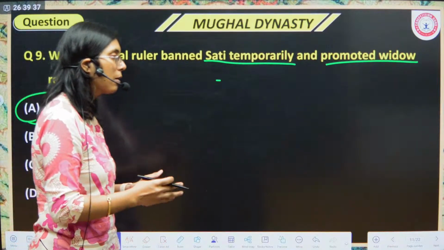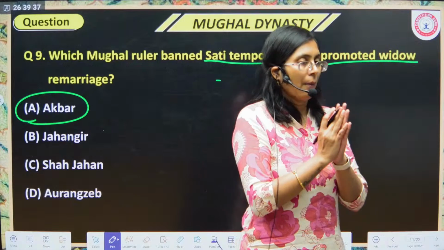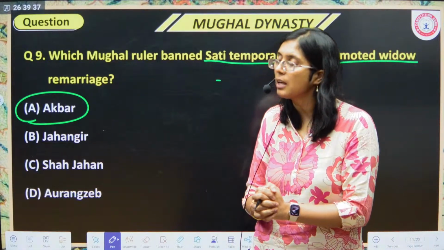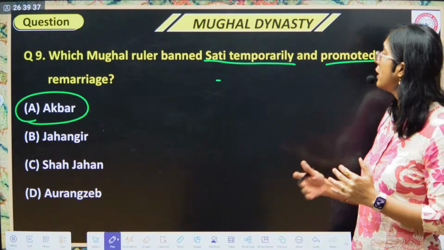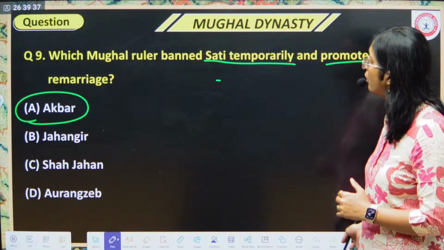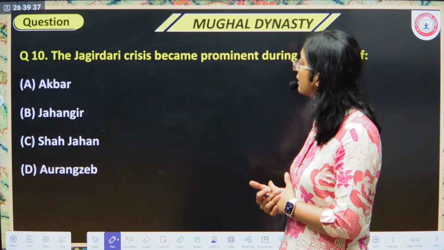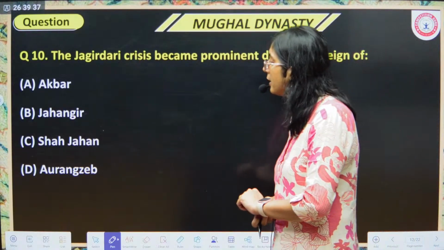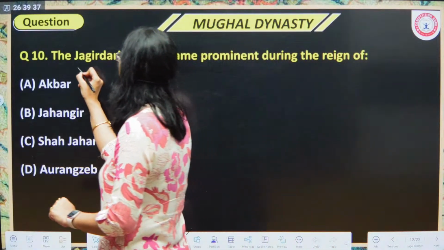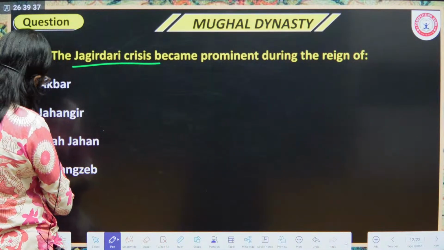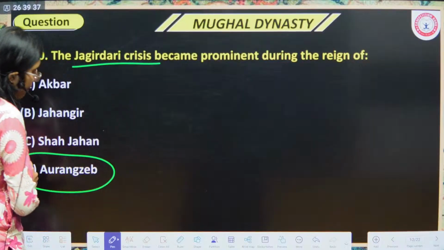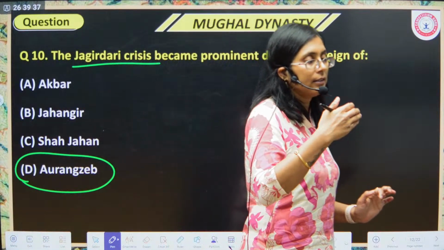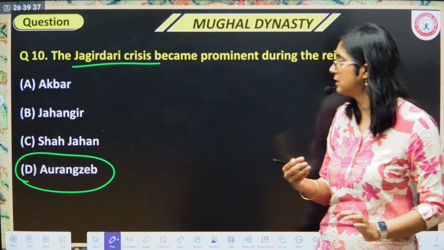The Zagirdari crisis became prominent during the reign of, yes, it became very prominent in the period of Aurangzeb, and that's why the Mughal period declined after Aurangzeb.